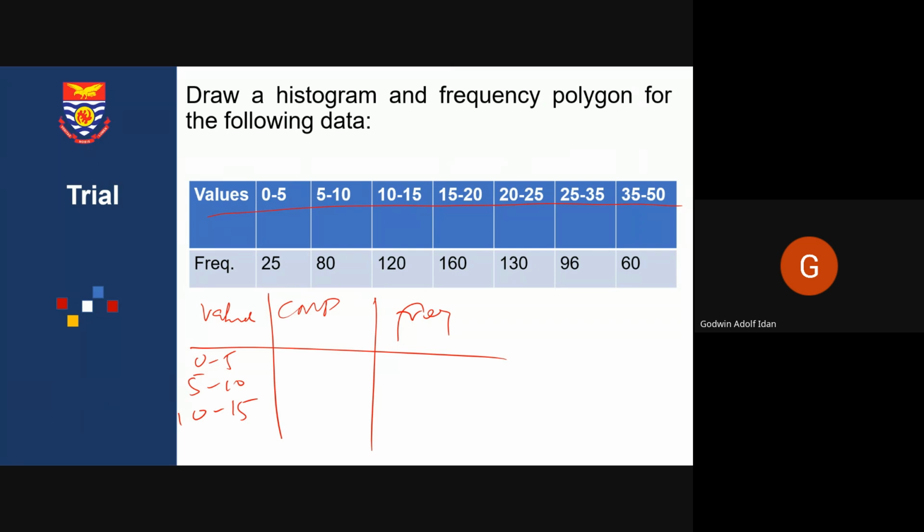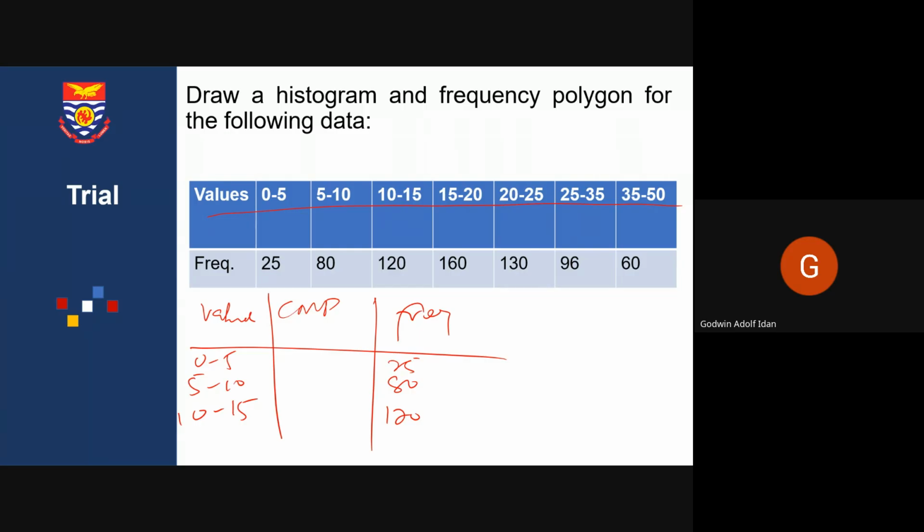Anybody to help us with that? Hello. Can you hear me? No, I'm looking at the values.